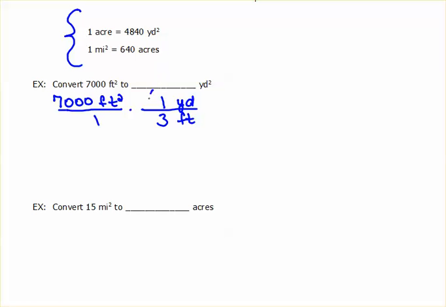So what we have to do to compensate for that is we have to square the top and the bottom. But you don't want to do that until after you've already put in your units. You put in your conversion factors first and then square. So now when I square 1, I just get 1. But when I square 3, I actually get 9.